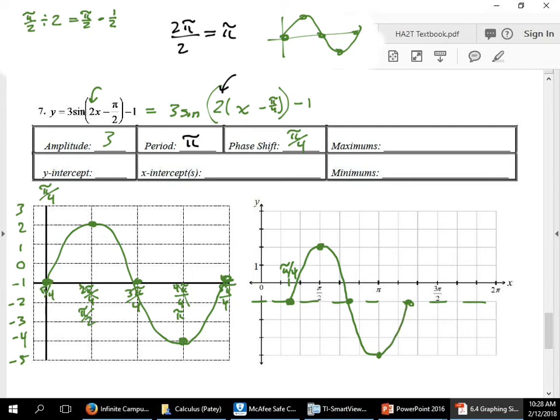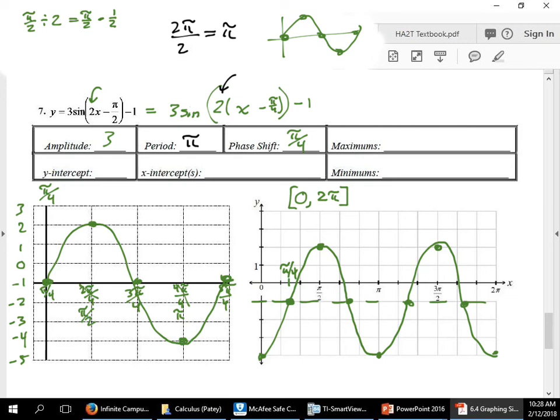Can you guys finish this graph, since we're supposed to be graphing from 0 to 2 pi, says the directions? Yes, you can. We go down to the minimum, then we're at midline, then we go max, and then midline, and then min.